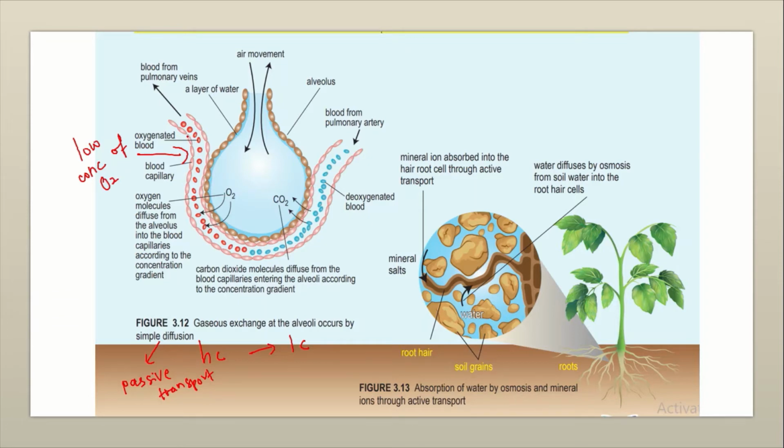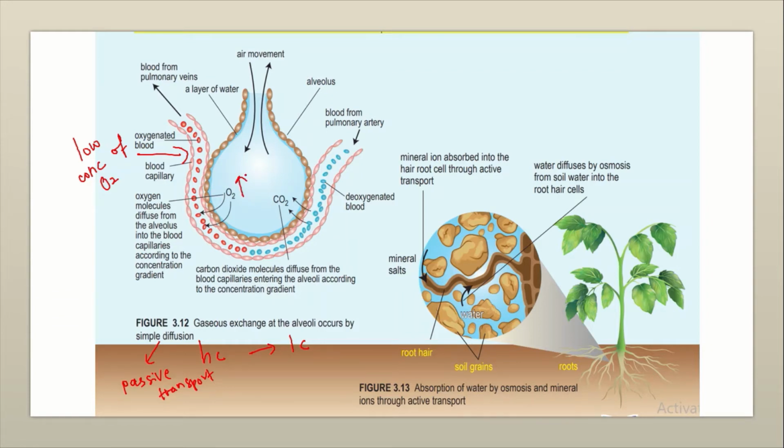When we inhale air from the surrounding, the air contains high concentration of oxygen. So the air will enter the alveolus, causing the concentration of oxygen to be high in the alveolus. So oxygen is high in the alveolus.